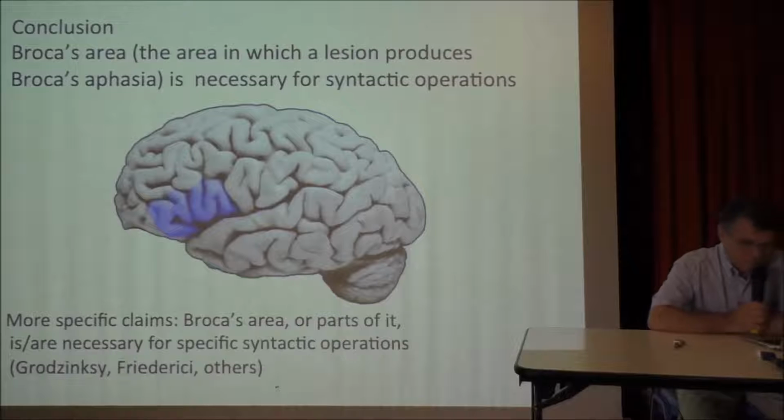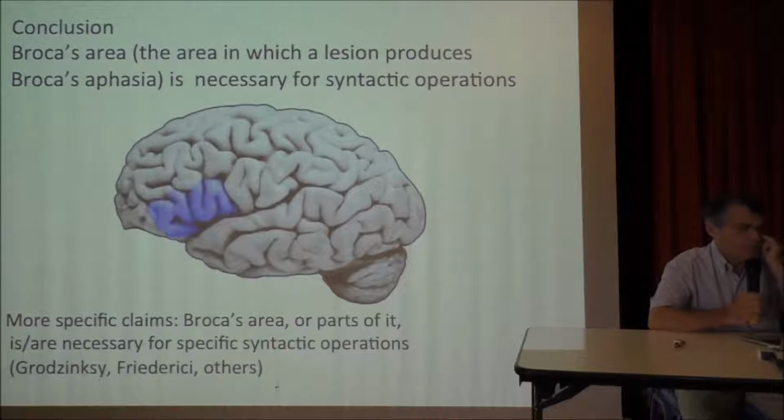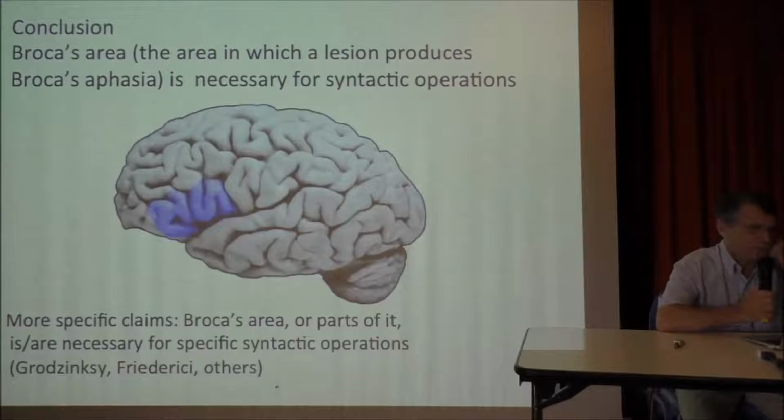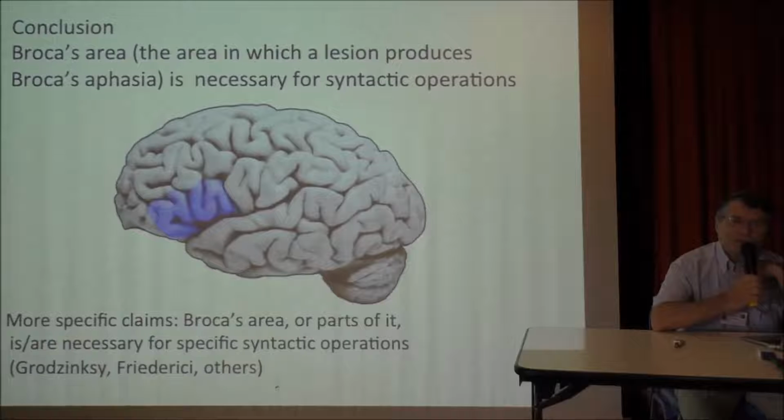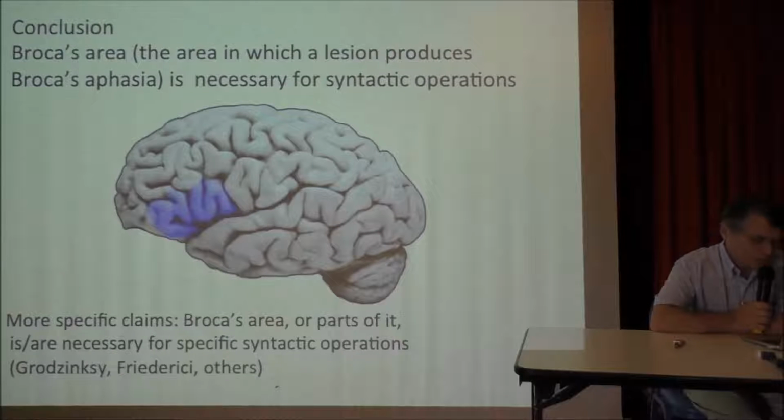Okay, so a conclusion that people came to, based on that one paper, was that Broca's area, the area in which a lesion produces Broca's aphasia, is necessary for syntactic operations in both production and comprehension. And in some versions of this theory, it was necessary for the representation of syntax.